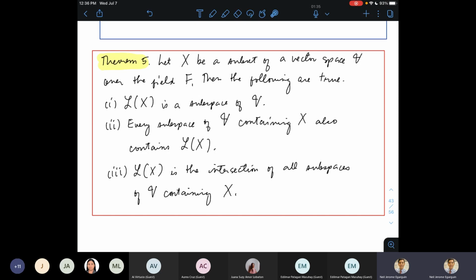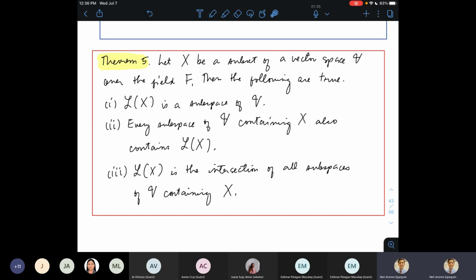Curly L of X as a subspace has the following interesting properties. Lahat daw ng subspace ni V that contains bracket X should also contain curly L of X. And then curly L of X is the intersection of all subspaces of V containing X. All right. So let's try to see how this was proven.